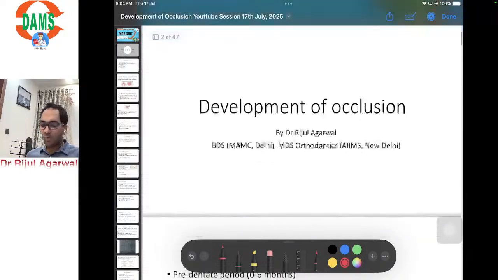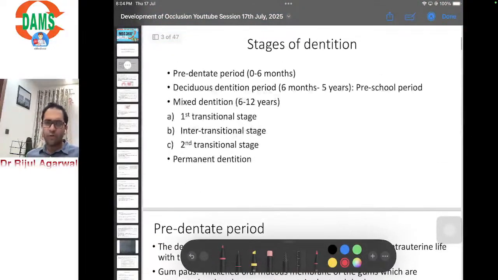Development of occlusion. There are four stages of dentation. First is the pre-dentate period, from 0 to 6 months of age, from birth up till 6 months. Next, after 6 months till 5 years, begins the deciduous dentation period. In some MCQs, they also write it as the preschool period.